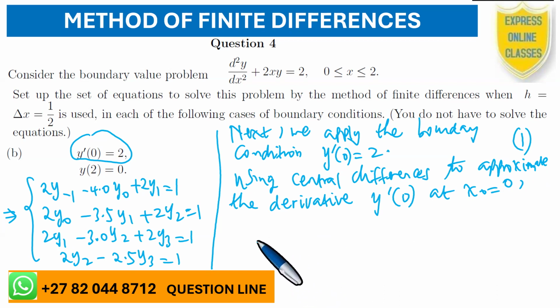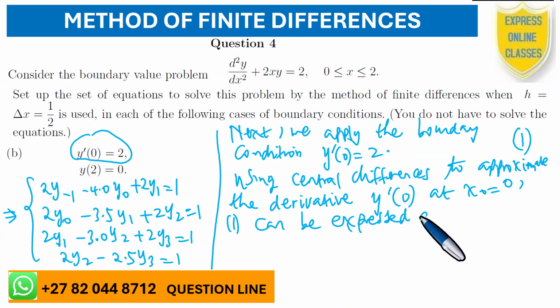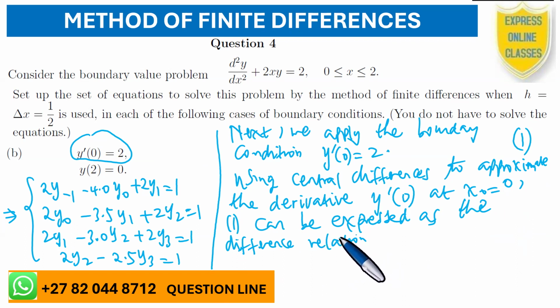All right. Now we note that the equation 1, which is y prime at 0 equals 2, can be expressed as the difference relation: y1 minus this, divided by 2h, equals 2.